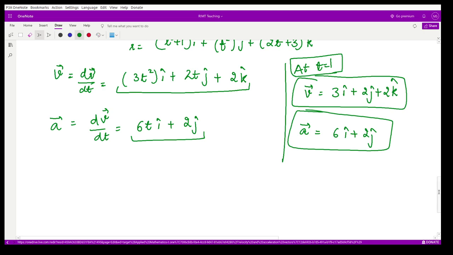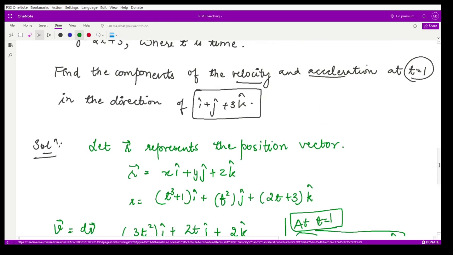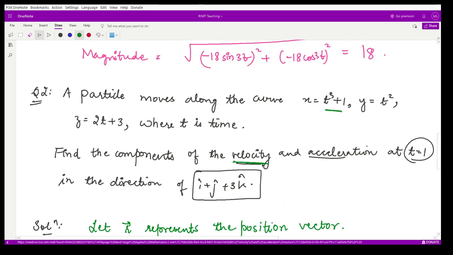The next task in the question is to evaluate the components of the velocity vector and the acceleration in the direction of this particular vector. First of all, you have to determine what is the direction of this particular vector.